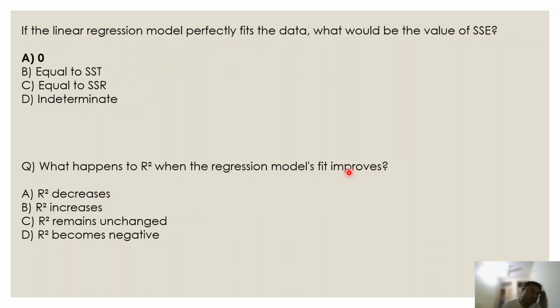Okay, Rachna Shirke. Jagananda Rao, B is the answer. Understand why exactly we are calculating the R square, what is the range of R square, and when it is perfectly fit.